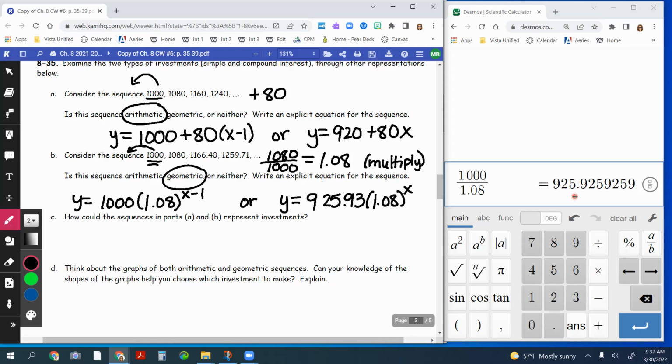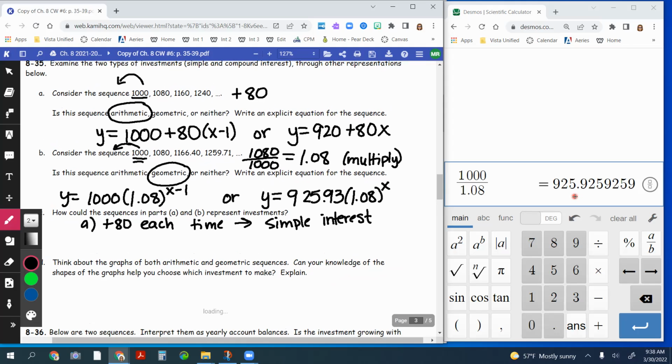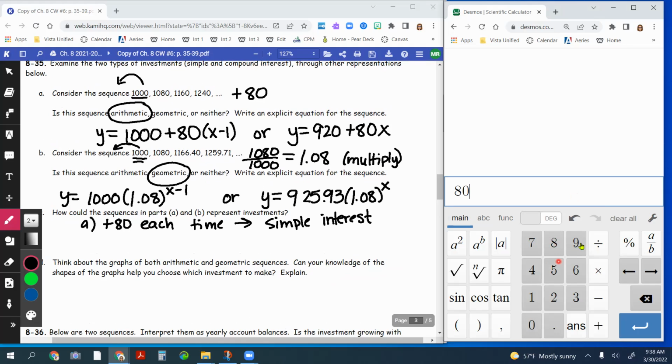How could the sequences in part A and B represent investments? So A, when we're adding 80 each time, would be simple interest, because we're adding the same amount every time. And if you were to take 80 out of 1,000, you would see that we're getting 8%.